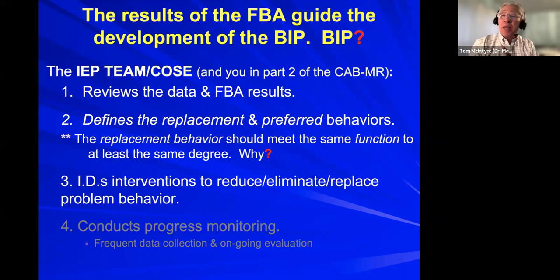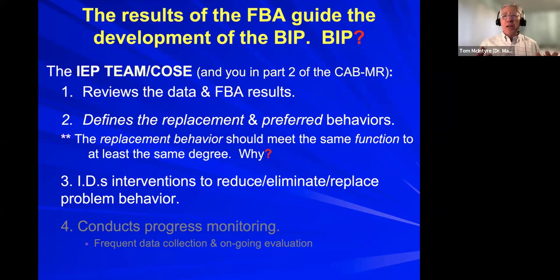What are we going to put in place of that behavior that is of concern to us? Knowing that the behavior we want to put in as a replacement has to meet the same function. If we build a new behavior in place of the one that concerns us, but it doesn't match the student's need for attention or sensory stimulation or whatever the function is of that kid's present behavior, then the kid's going to say, why would I change out the old behavior for the new?